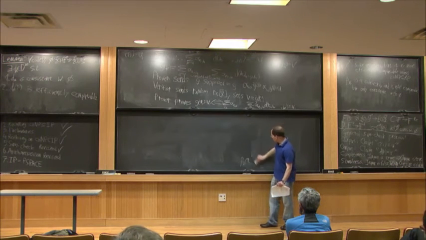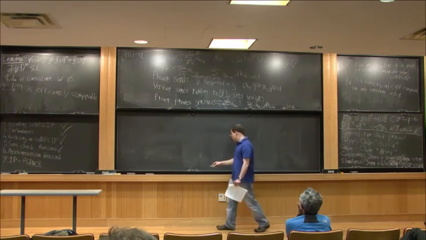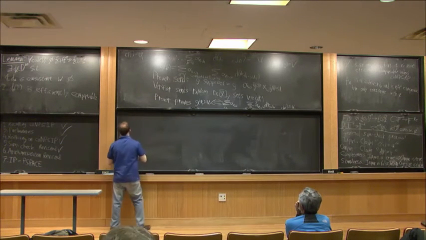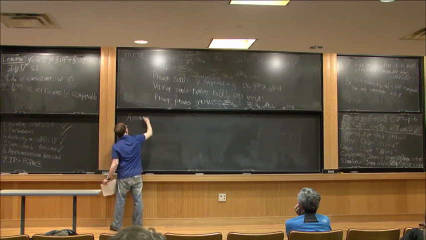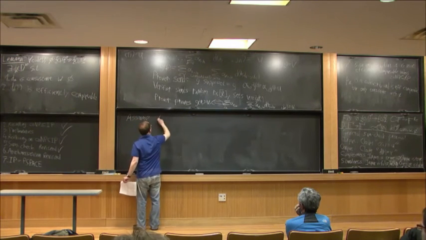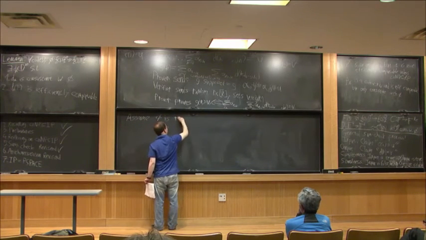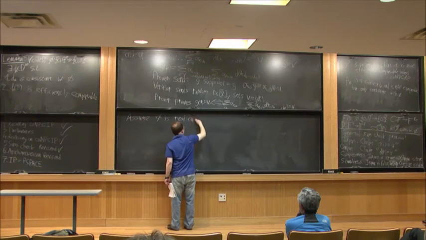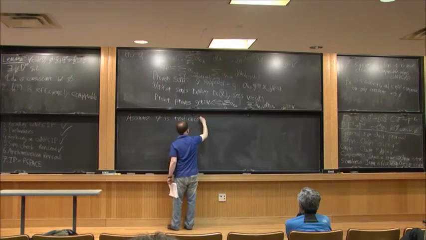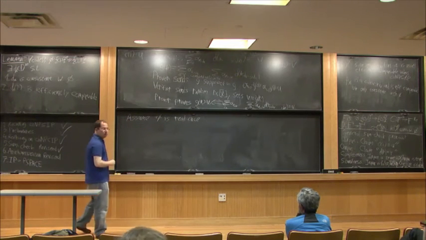That is, each variable appears only one time. So now we construct this D sub phi inductively.